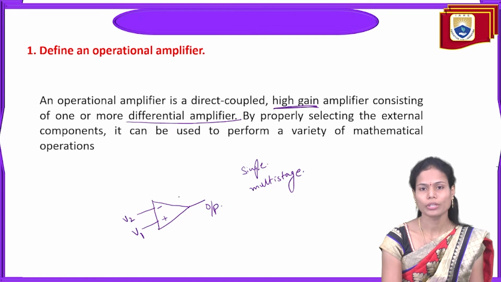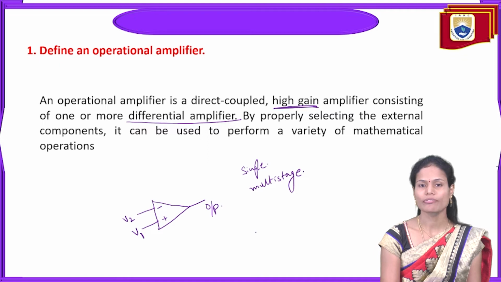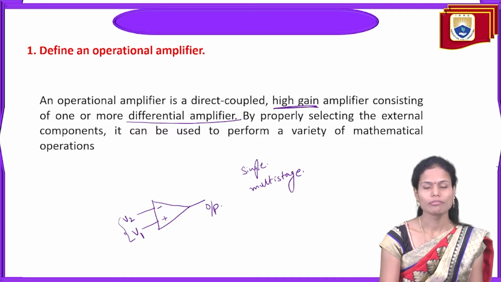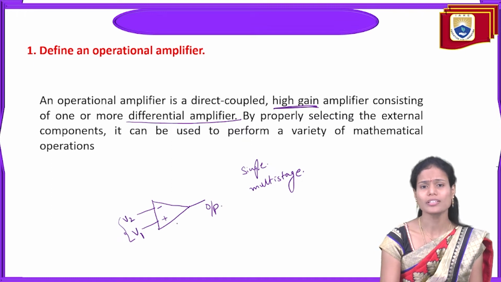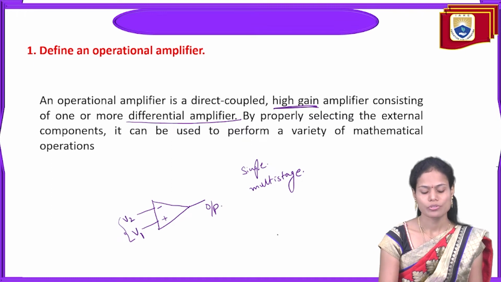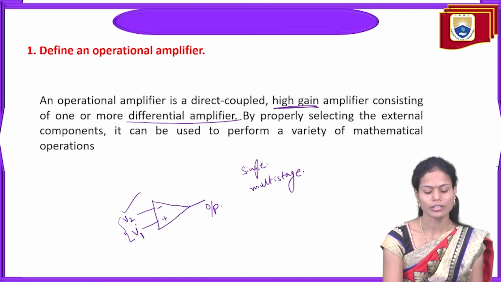Because the internal stages of the operational amplifier consist of a differential amplifier. For any differential amplifier we take 2 input signals. The function of the differential amplifier is to amplify the difference of the applied input voltages across the 2 input terminals. That is why the operational amplifier also has 2 input terminals.